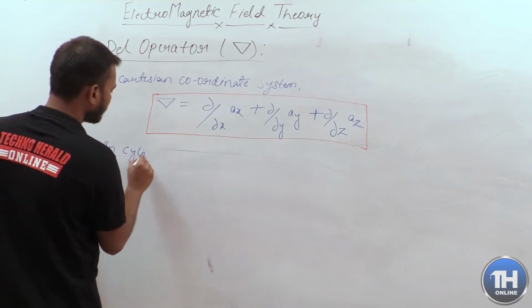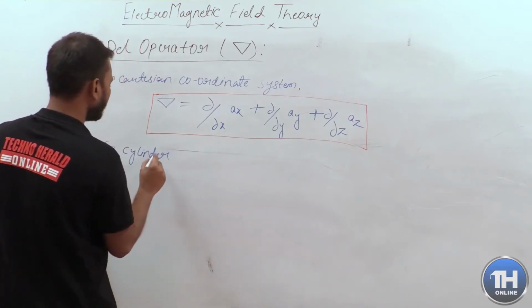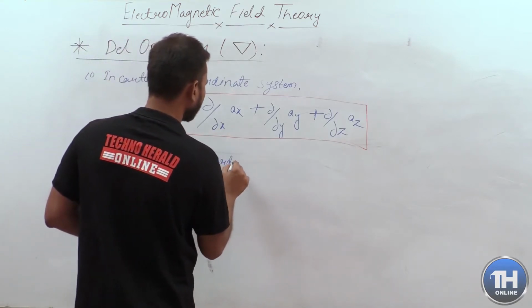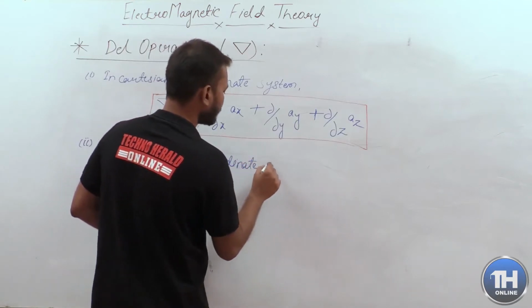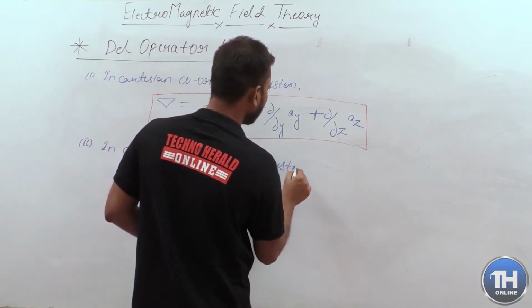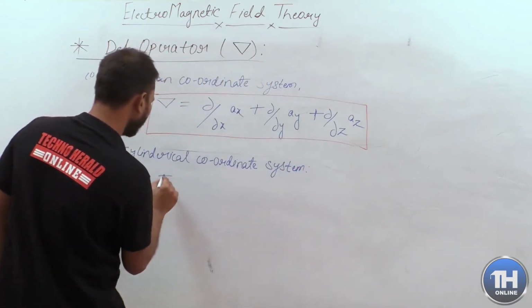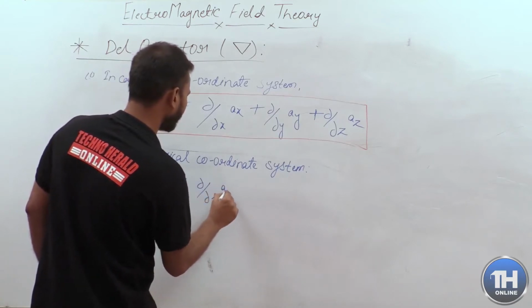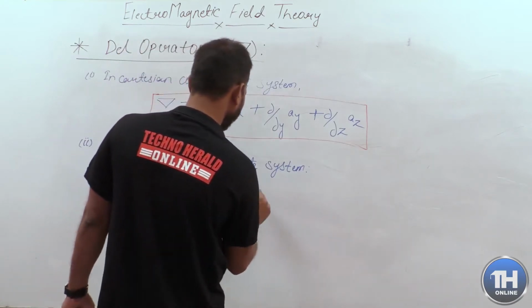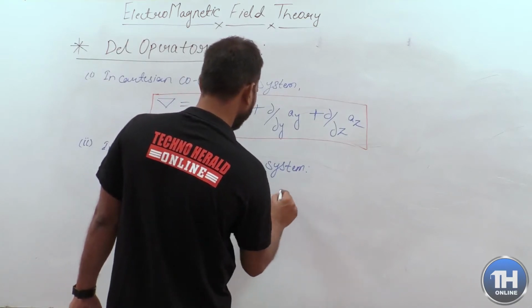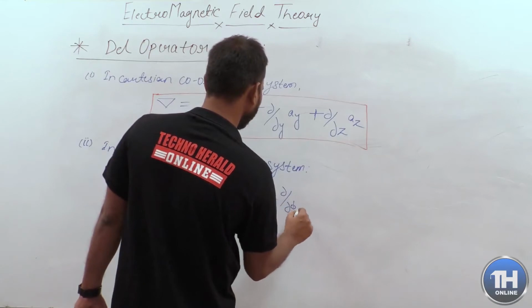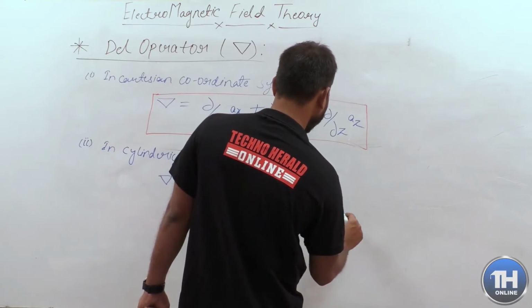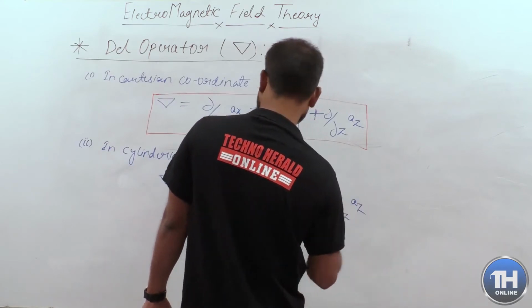In cylindrical coordinate system, delta is given as del upon del rho a rho plus 1 upon rho del upon del phi a phi plus del upon del z az.